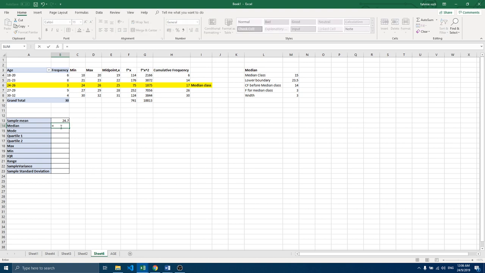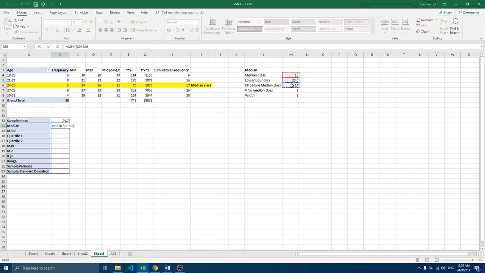And go to this median equal sign. The formula is, take the lower boundary, which is just click this one, M5, 23.5, plus, put a bracket, 2 times, median class is 15, then minus the cumulative frequency before the median class.